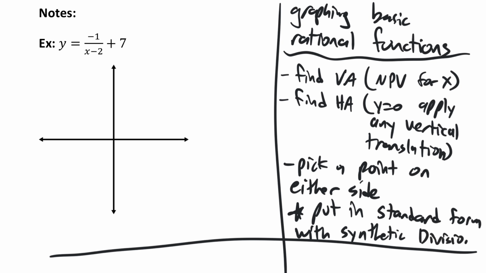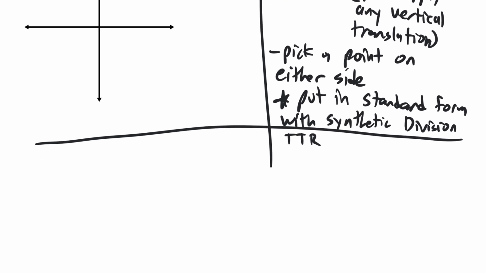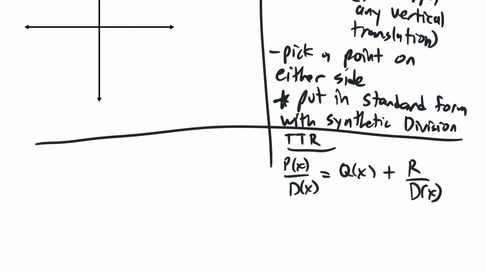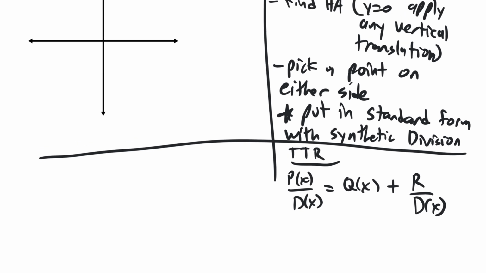And so right away, we might want to write down a thing to remember here. So in case you forget, it's nice to remember that if you're doing p of x over d of x, it's equal to the quotient plus the remainder over the divisor. So that's the form when you do the synthetic. You put the quotient there, then the remainder over the divisor.